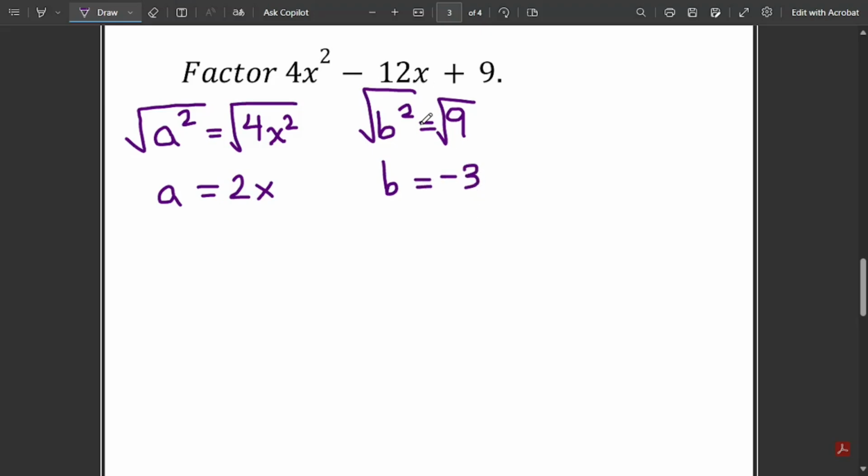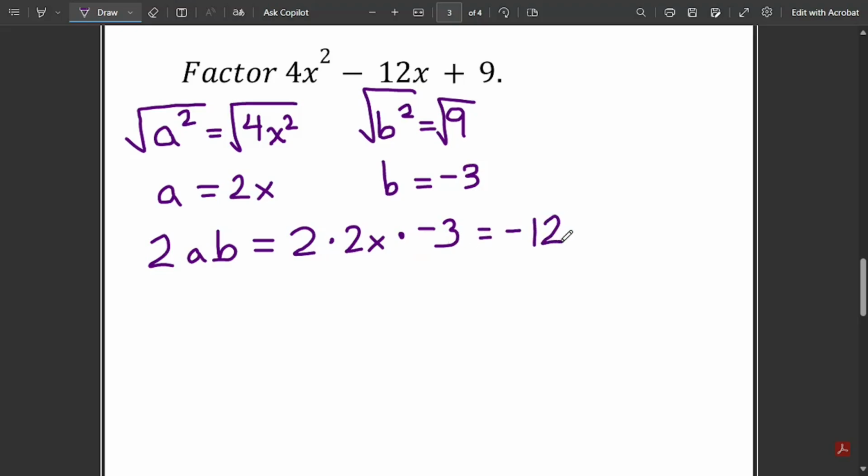Again, I already recognize this as a perfect square trinomial because I've done this plenty of times, but let's figure out what 2ab equals. So we have 2 times 2x times negative 3. So 4 times negative 3 is negative 12, negative 12x.